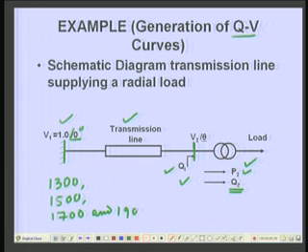These are the 4 different loading conditions. For each loading condition, the power factor of the load is assumed to be unity and the QV curves are generated. The approach is again what I have discussed earlier, that is to maintain a certain voltage with the given load, perform the load flow analysis and find out what reactive power injection is required.